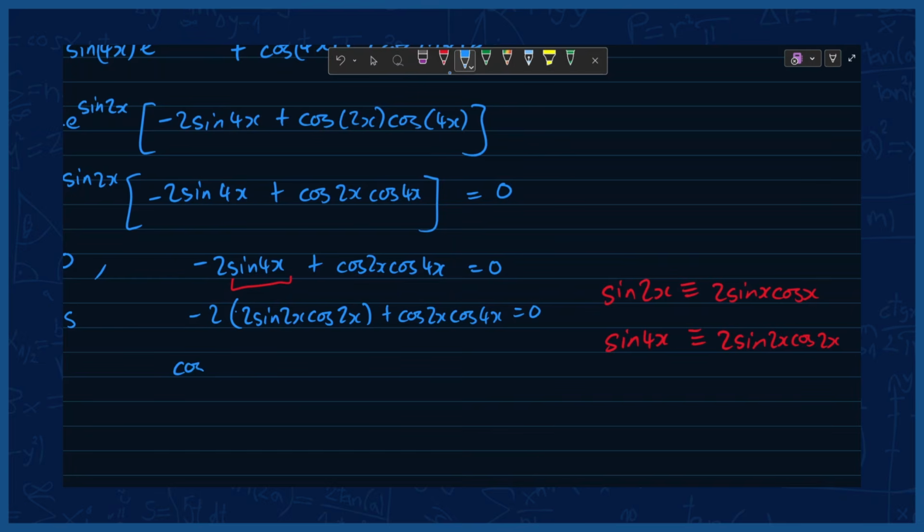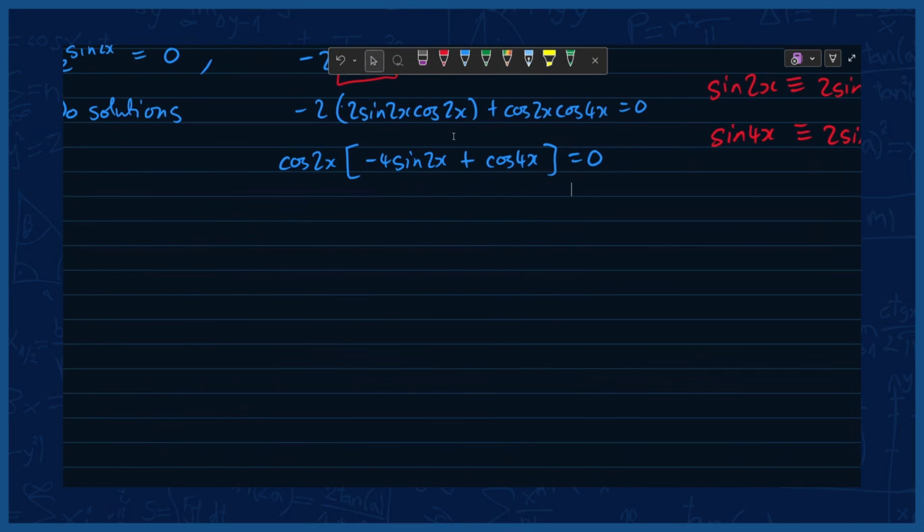So I end up with cos 2x, and now in the brackets I've got negative 4 sine 2x plus, here it's now just the cos 4x, and this is equal to 0. And here I have either the cos 2x is 0 or the bracket is 0. So the negative 4 sine 2x plus cos 4x is 0.